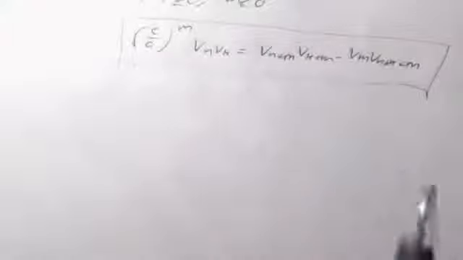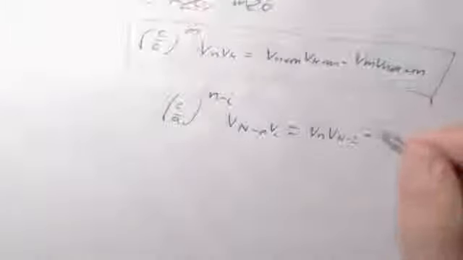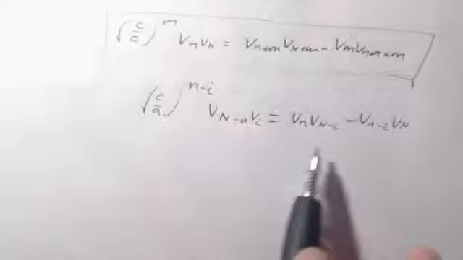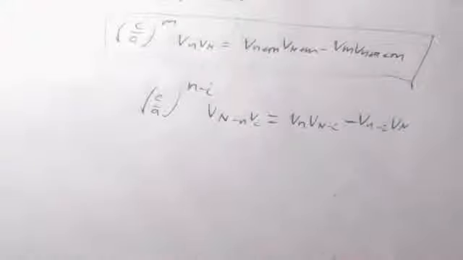What we wanted to show was that c over a to the n minus i times V big N minus n Vi was equal to Vn V big N minus i minus Vn minus i V big N. Notice here that we have some minus things occurring, but it's no big deal because little n is smaller than big N, and i is smaller than little n. So it's fine, we shouldn't have any problems here.